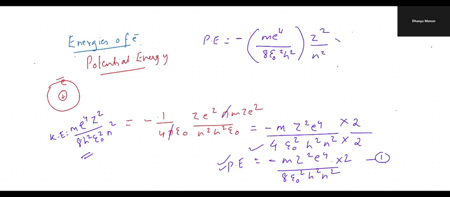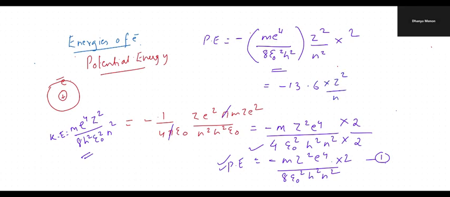So this is our expression, and this part is the common term, right? This part is similar to that of kinetic energy. And for kinetic energy, what did we get? The value 13.6. So we substitute the same value over here times Z square by n square.